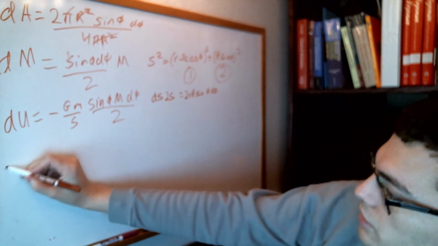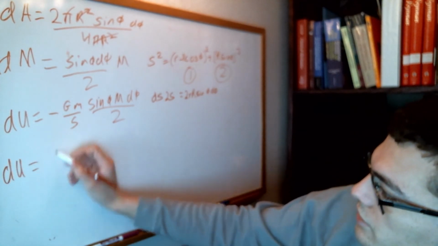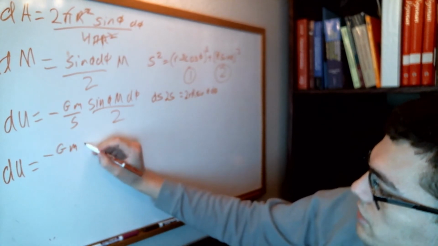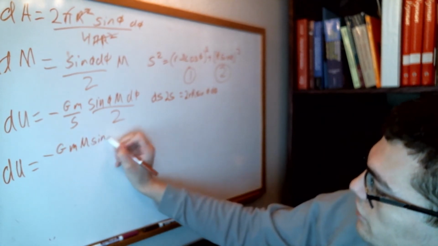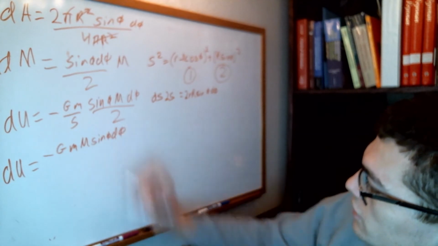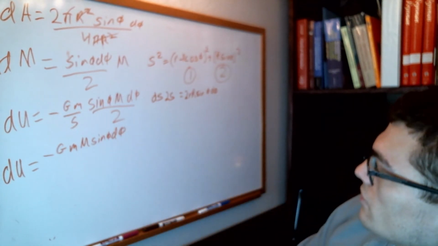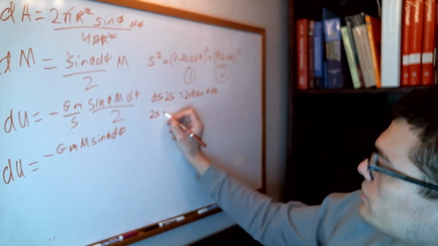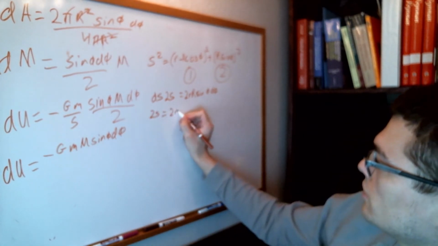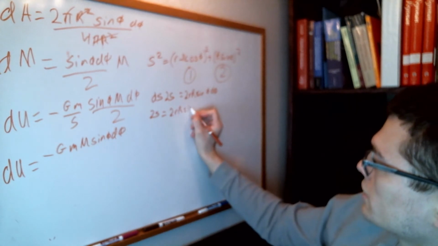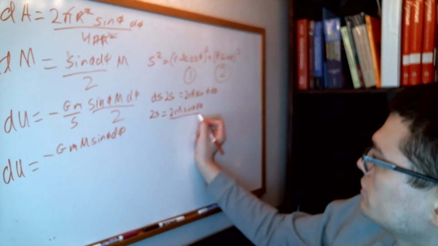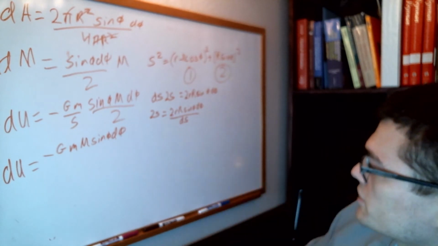And so now we're going to have that dU is going to be equal to negative GMm sine phi d phi. And what we do is we take this: 2s is going to be equal to 2rR sine phi d phi divided by ds.